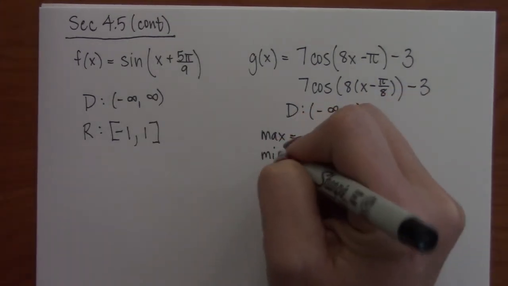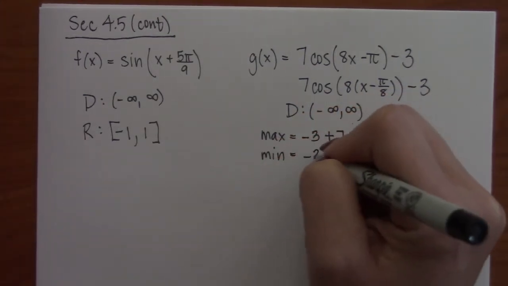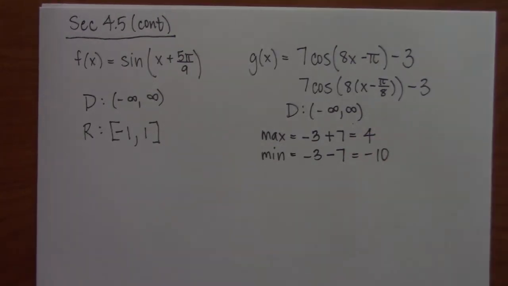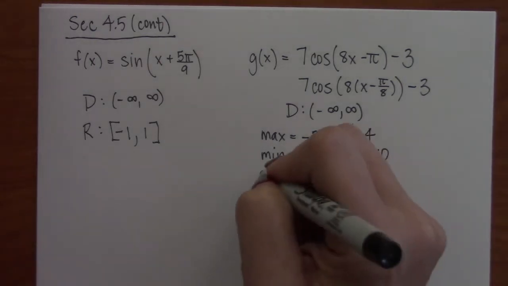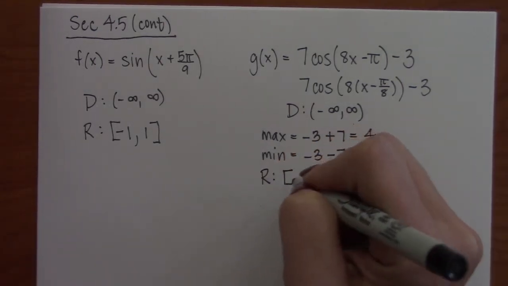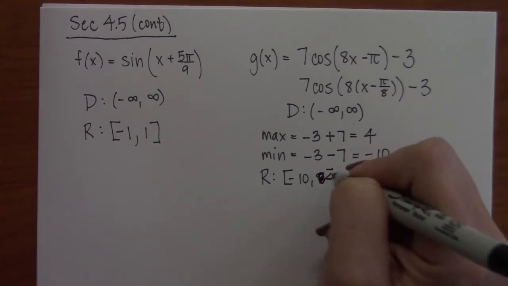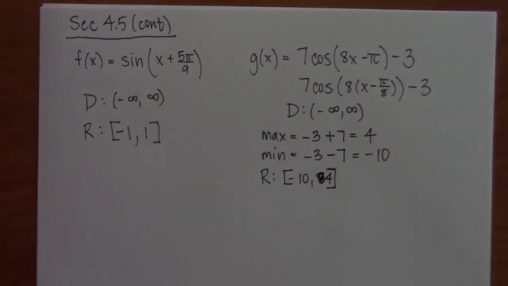For the minimum value of the wave, you start at its center and count down 7 units, and we see that the bottom of the wave is at -10. So the range of this wave is -10 to 4, and they're still included.